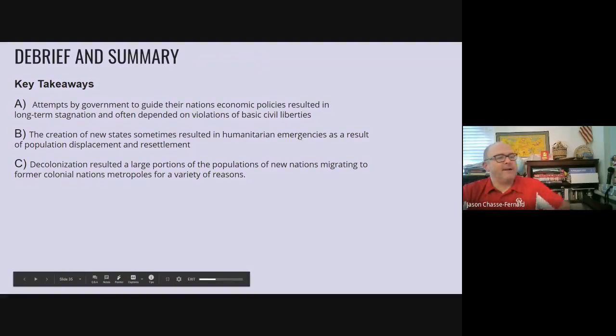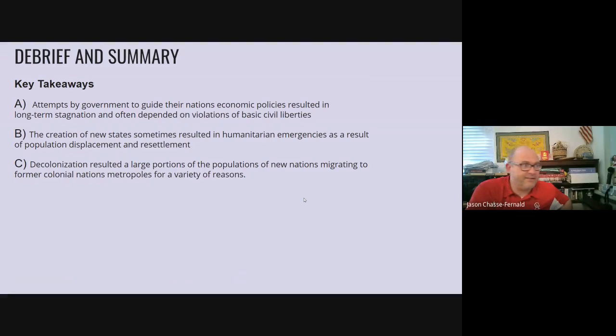All right, so attempts by governments to guide the nation's economic policies result in long-term stagnation. We see that in India under Indira Gandhi, and often dependent on violations of basic civil liberties. And there is an interesting parallel, by the way, with countries that have socialist policies and governance, right? So is democratic socialism actually possible? It's an interesting question. Countries around the world that we often associate with democratic socialists have done away with many of the socialist policies and gone to free market policies.